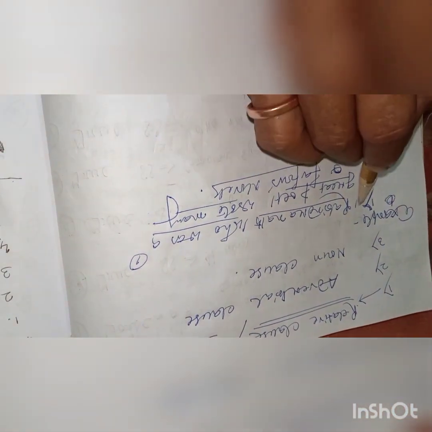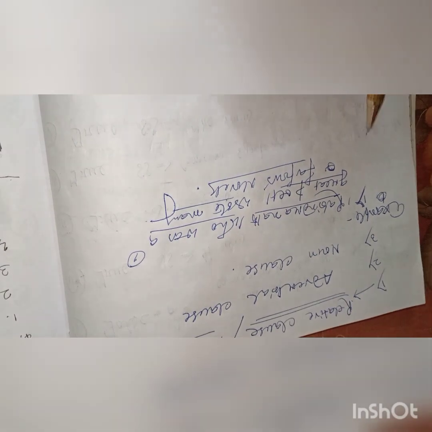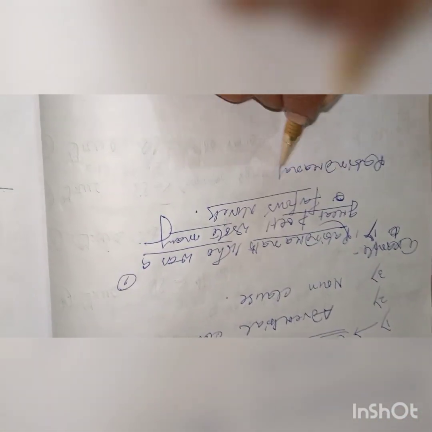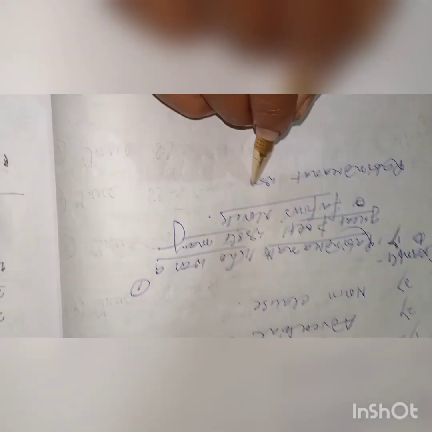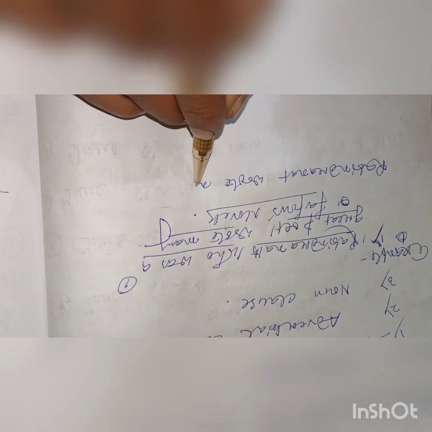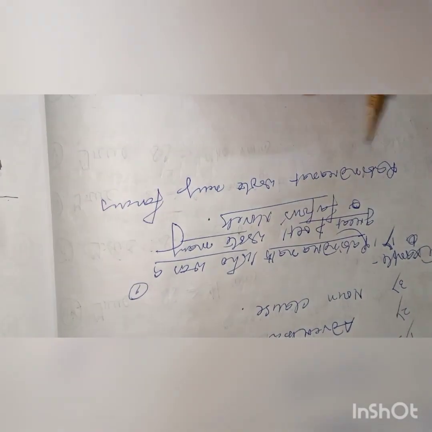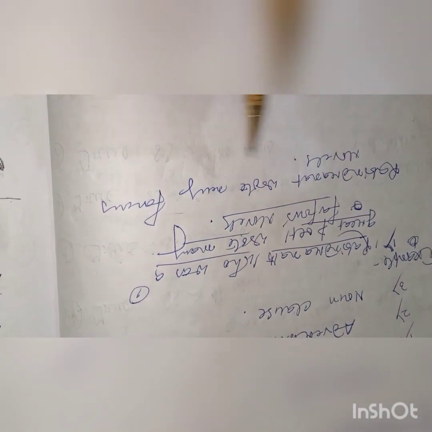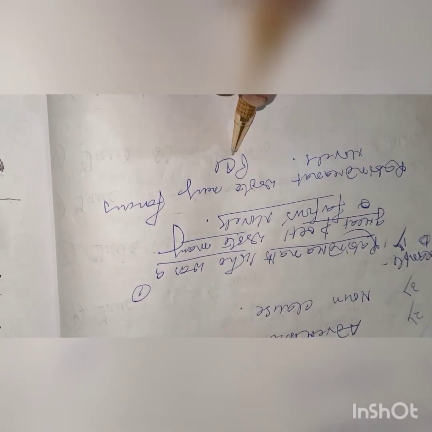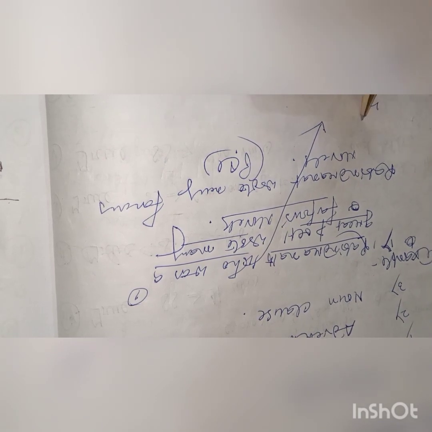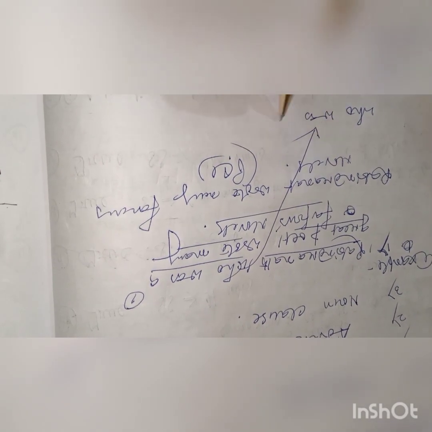Rabindranath wrote many famous novels. It is the principal clause, and who was a great poet is the subordinate clause.